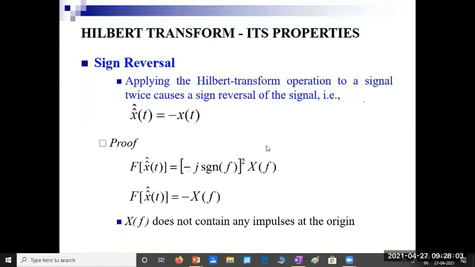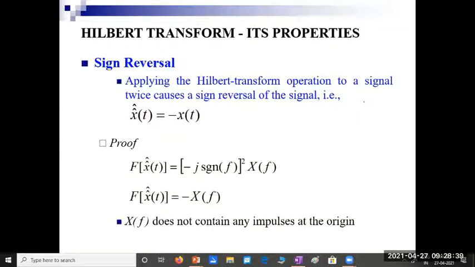Naturally, this becomes minus j square, which is plus 1, and signum of f square into x of f, where multiplying an odd function with itself gives plus 1, so you can simply write it as x of f. Please remember, it should not have anything at the origin because the signum function is 0 at the origin.